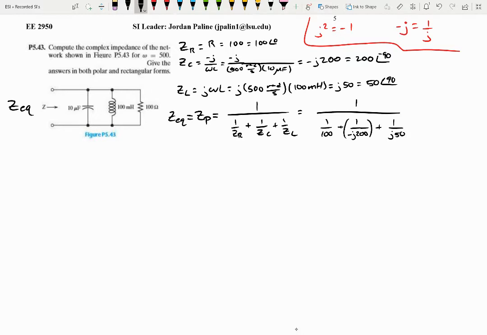Okay, so if I take the inverse of all these, I'll have 0.01 plus j 0.005 minus j 0.02.